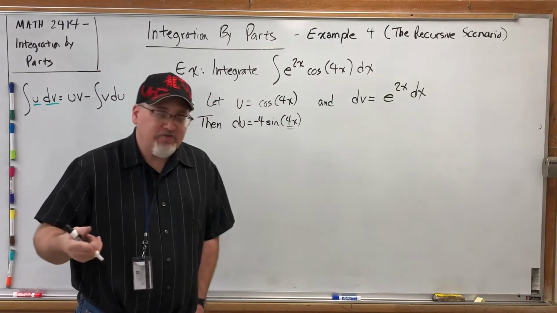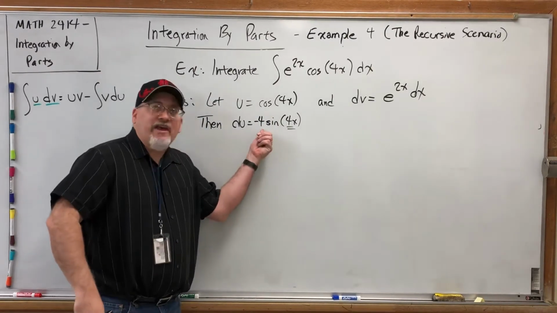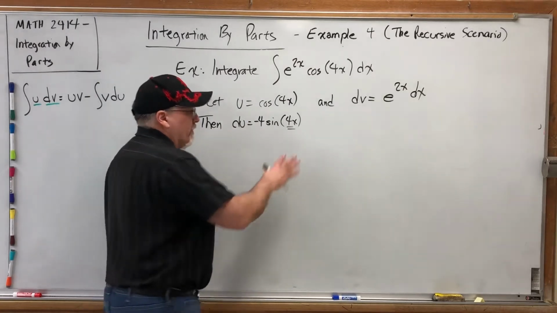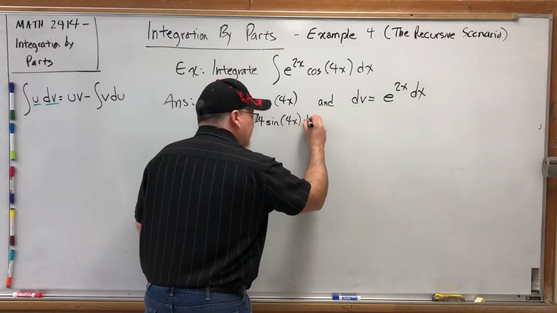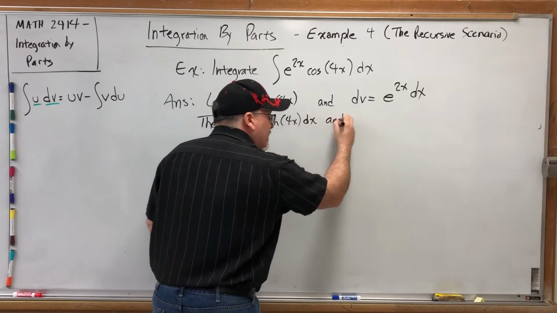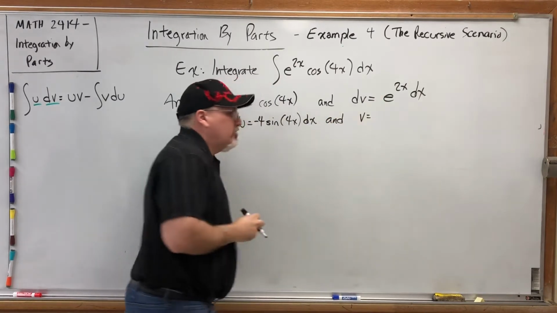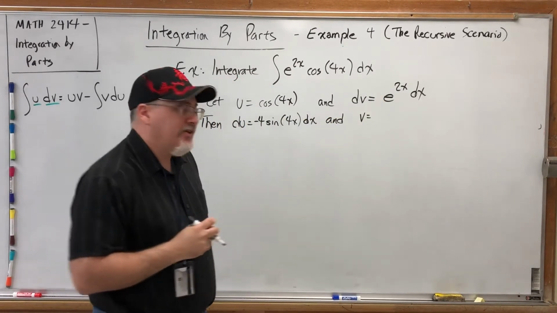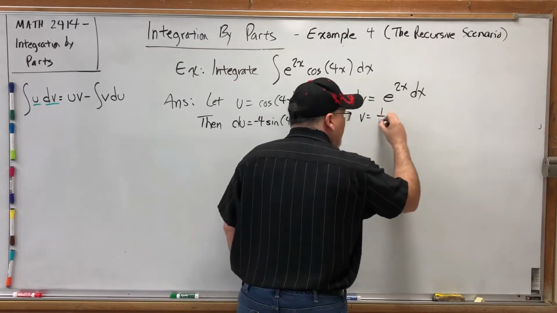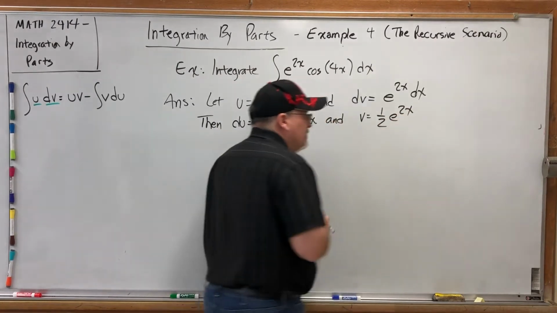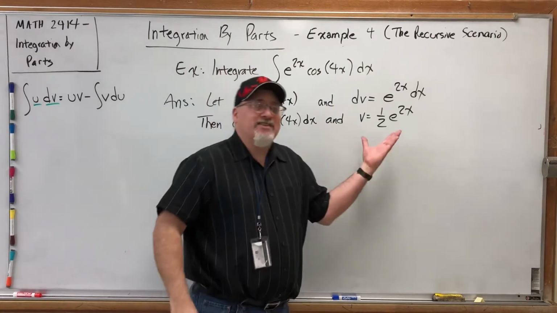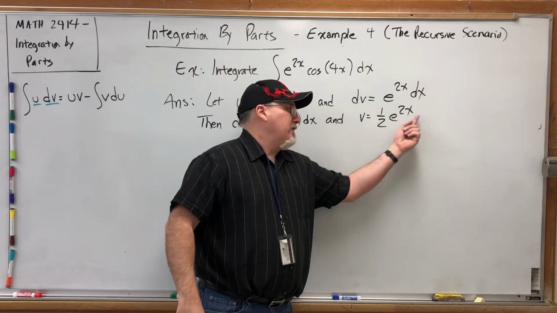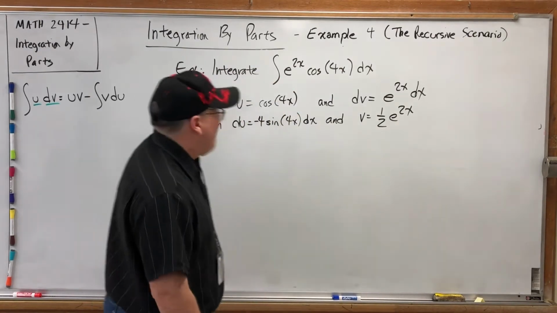If you look a couple of moves ahead, you can anticipate writing that negative 4 before you write the trig function. And the du picks up a dx. And for v, we would integrate e to the 2x, but again, we did that repeatedly in the previous video. It's still 1/2 e to the 2x. If you didn't watch the video, just think about taking this guy's derivative. The chain rule would pick up an extra 2, which would cancel the 1/2.